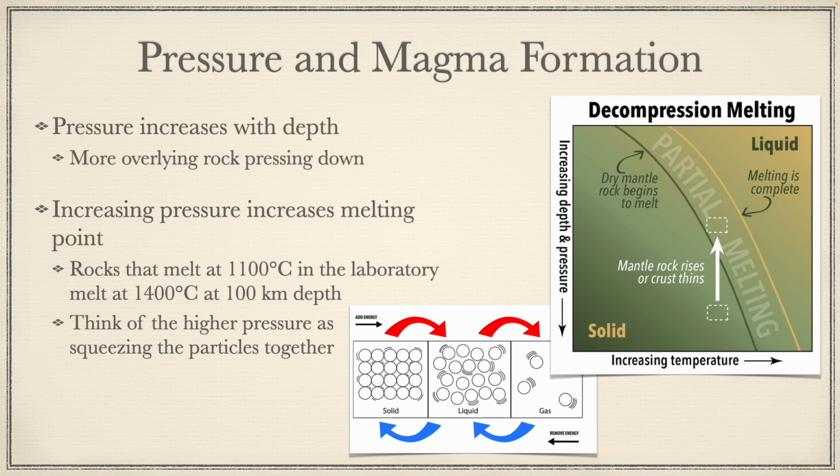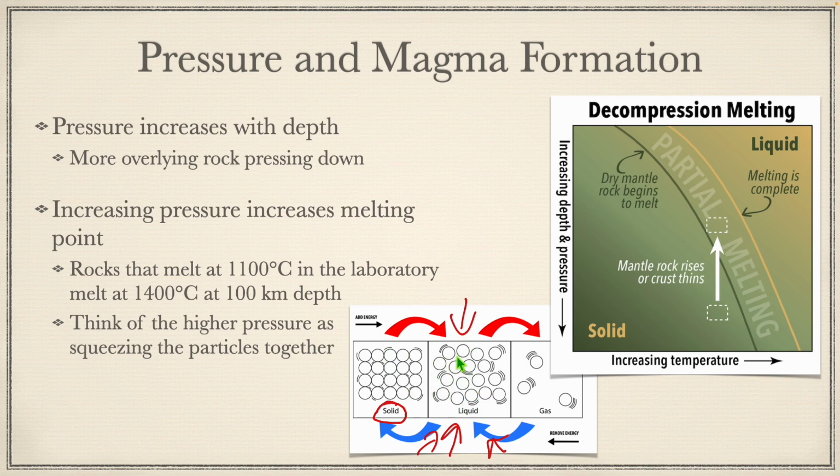Now, increasing pressure increases our melting point. If you have more pressure pushing in, it's going to push all your particles back together. When something is solid, all the particles are stuck together. To get it to melt, you have to get enough energy in these particles that they can spread out and start moving around each other.